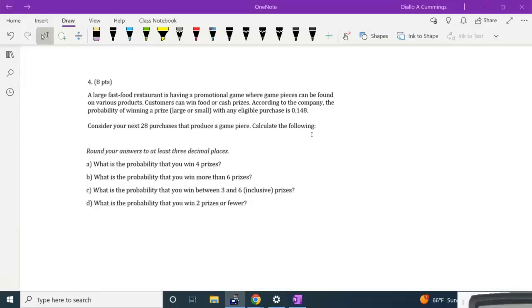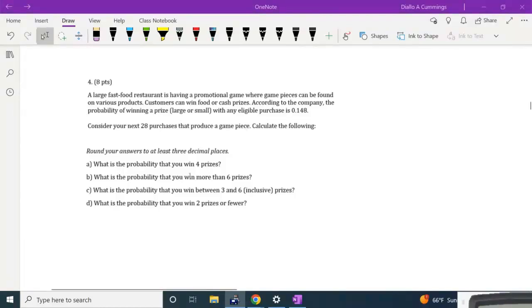It doesn't tell us if it's a binomial or a normal. First thing I would ask myself is how many outcomes? Either you're going to win a prize or you're not going to win a prize. 2 outcomes. The probability of success is 0.148. The trials will be independent, because every time you go buy a meal, one is independent of the other.